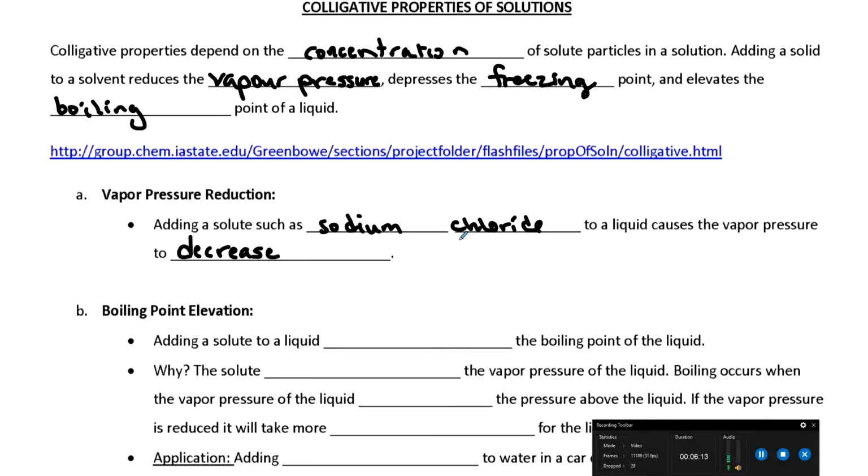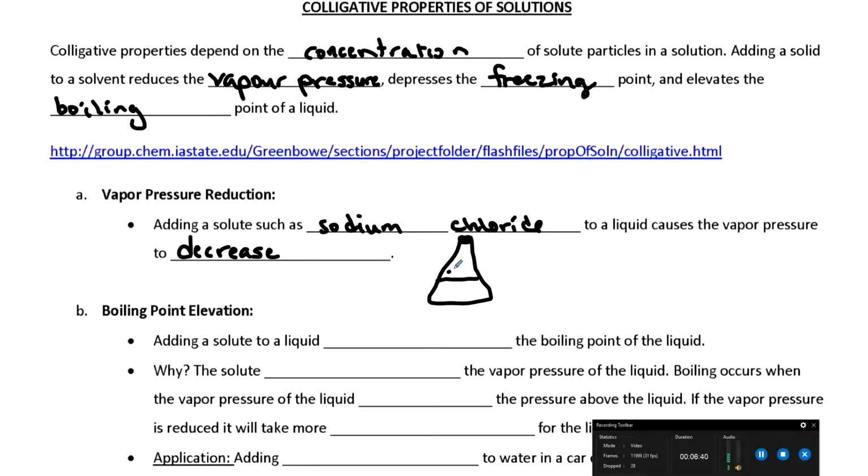So let's imagine an Erlenmeyer flask that's closed on the top. This one just has water in it, okay? Water, if you let it sit in a closed container, some of the liquid water is going to evaporate.